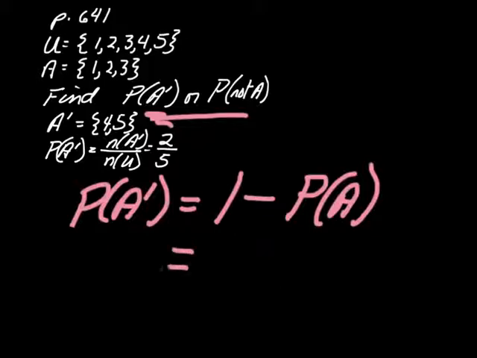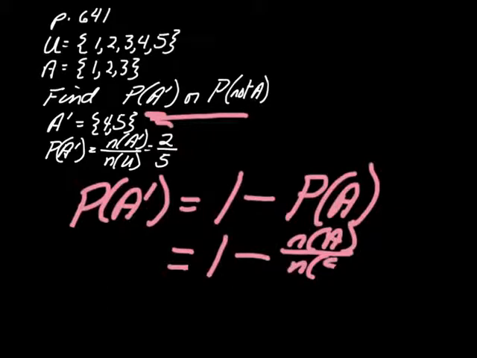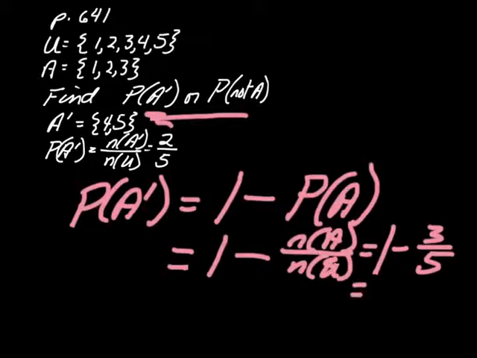We just use our set A. So it's 1 minus, well, what's the probability of A? It's the number of elements in set A over the number of elements in the universal set, which is 1 minus 3/5. And 1 minus 3/5 is 5/5 minus 3/5, or just 2/5.